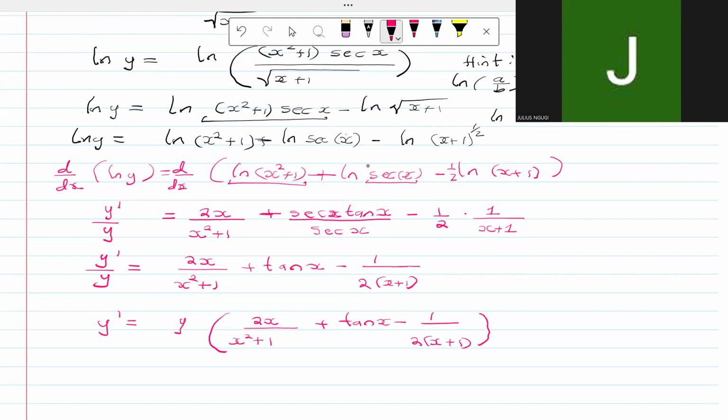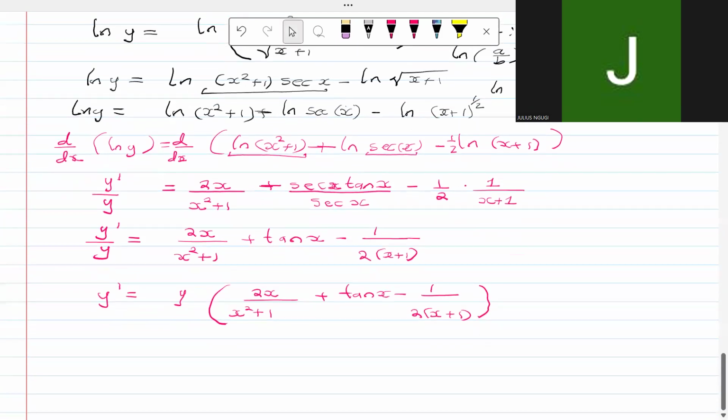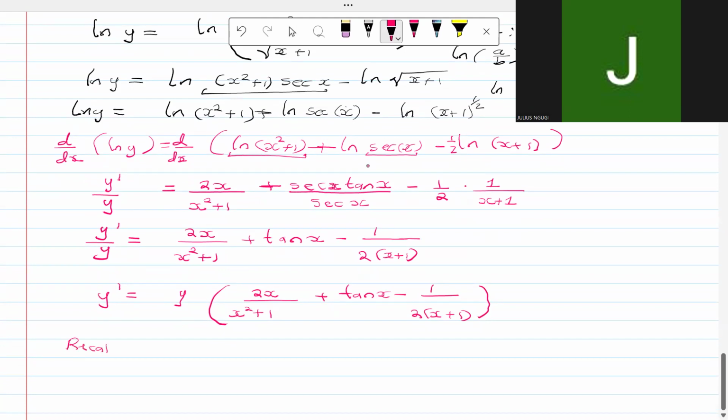And now recall that y was equal to the function which we started with, x squared plus 1 multiplied by secant x divided by the square root of x plus 1. So you multiply it here.